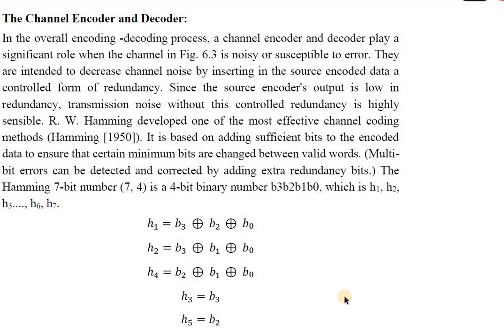There are many ways of error detection and correction. You must have already studied those ways in computer networks. One of the ways is being discussed over here, and that is called Hamming code.